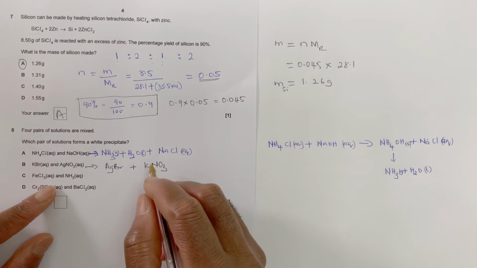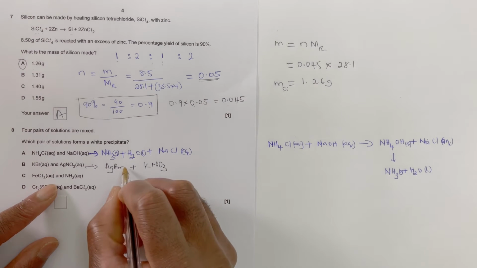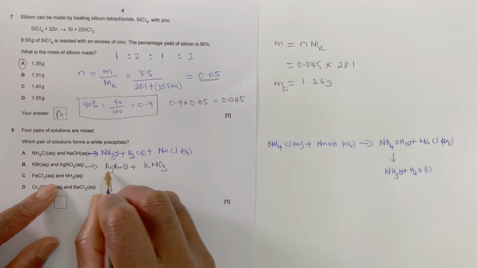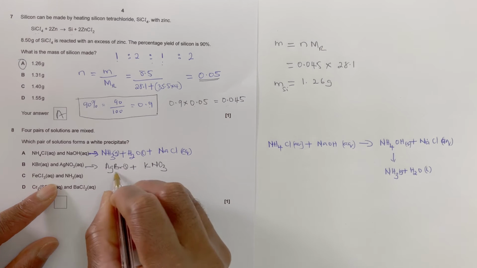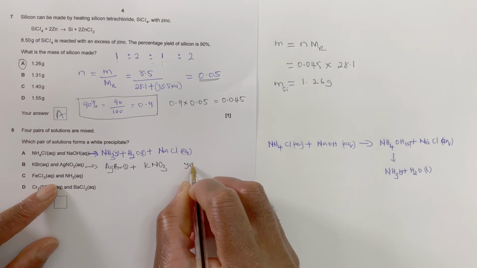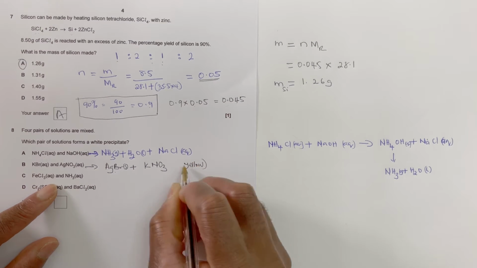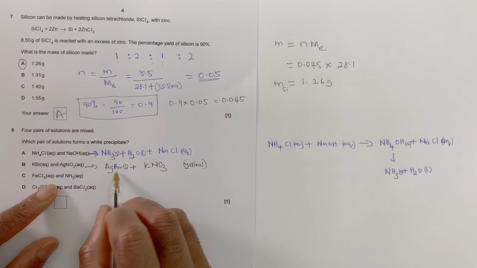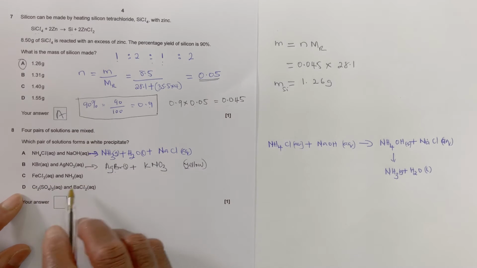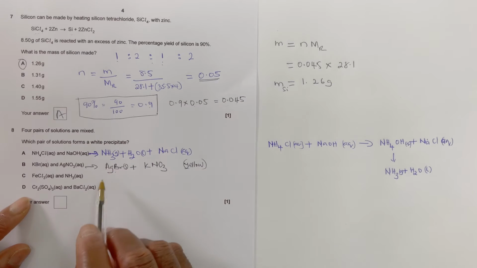Again, this one is going to be solid. It's a precipitate and it's yellow. So it won't be that one because this is yellow.